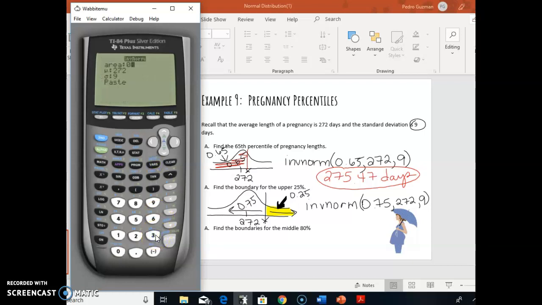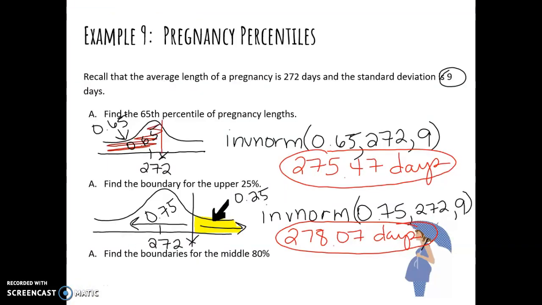Make sure you put in the area to the left, which is 0.75. The mean is 272. The standard deviation is 9. And we get 278.07 days. So 278.07 days is the boundary for the upper 25%. So 25% of pregnancies last longer than 278.07 days, and 75% of pregnancies last less than 278.07 days.